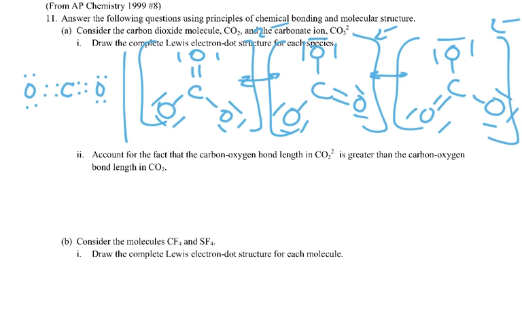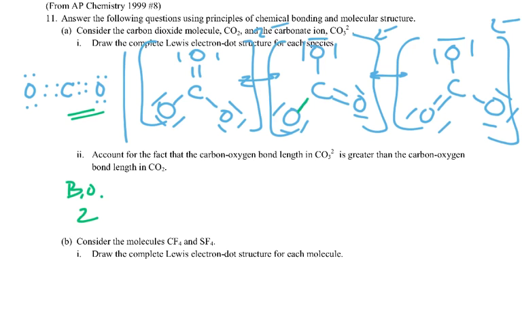Account for the fact that the carbon-oxygen bond length in carbonate is greater than the carbon-oxygen bond length in CO2. Well, if we talk about bond order, I'd say here in CO2, the bond order is 2, because I have 2 pairs of electrons holding those 2 atoms together.